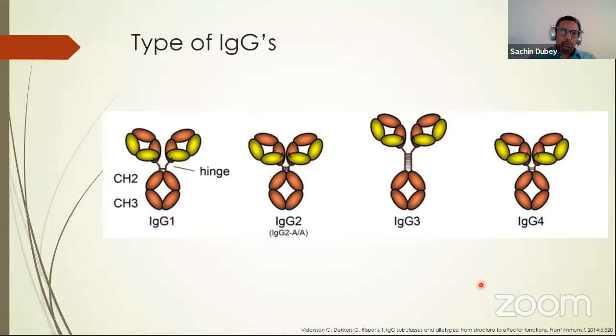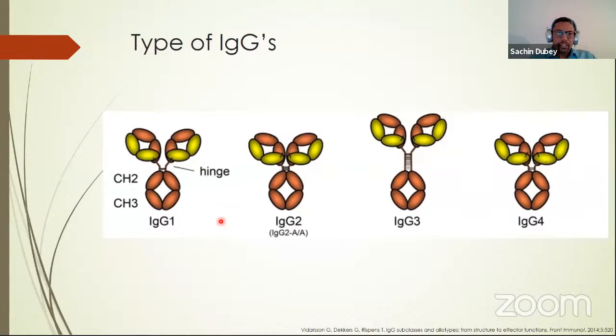Quickly going into the different types of IgGs: we have seen there are 5 different classes of Igs. Within IgGs, there are different classes as well, starting from G1 to G4. Structurally as well as functionally, they are quite different.